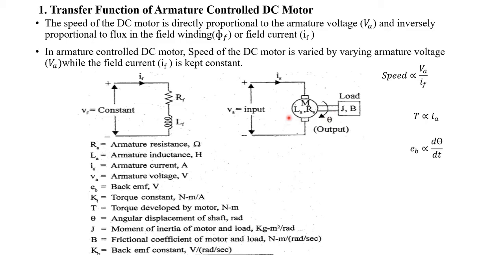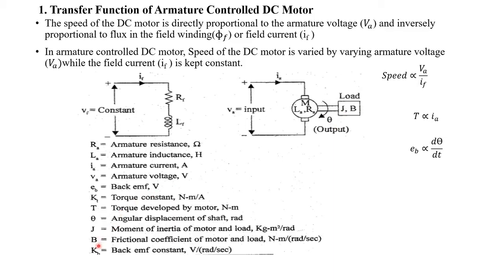When the motor rotates, there is a development of torque, represented by capital T. Then when we connect this torque to this mechanical load, it will also rotate in the same direction, that is the angular displacement theta. And this mechanical load will be modeled by using moment of inertia of mass J as well as damper part B.